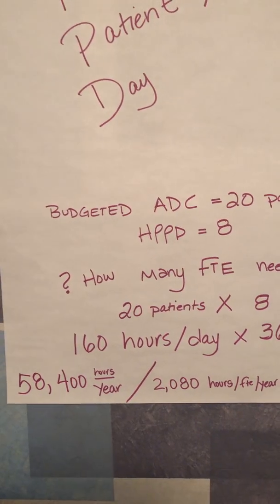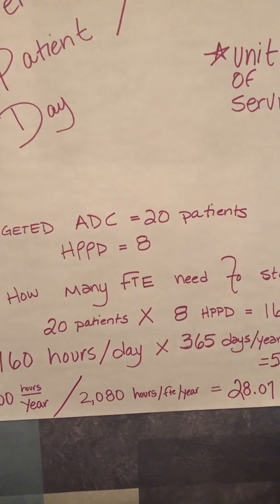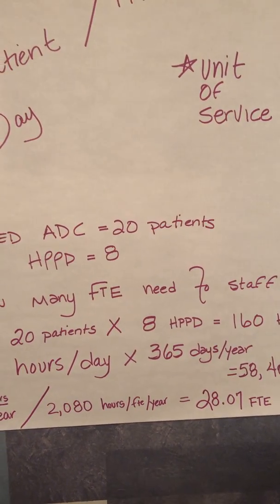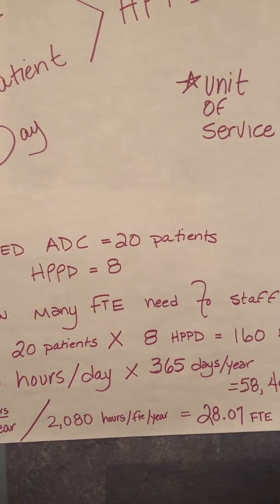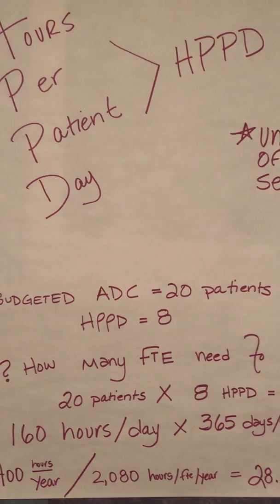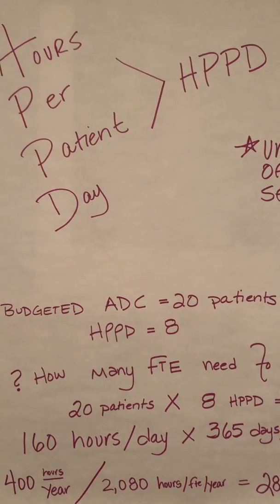So 58,400 hours per year divided by 2,080 would give you 28.07, or in round numbers, 28 FTEs would be needed to staff an ADC of 20 with hours per patient day of 8.